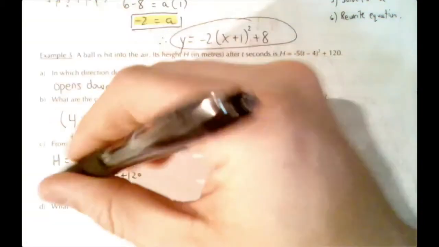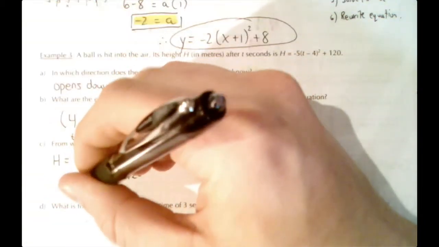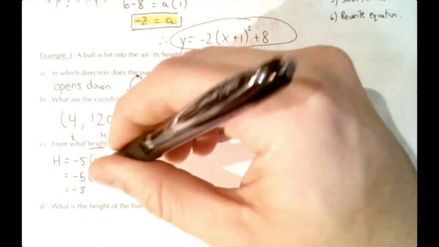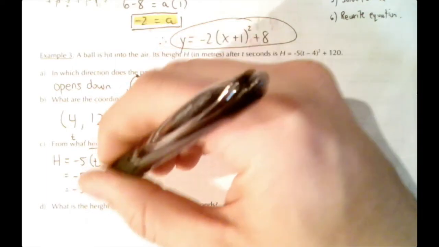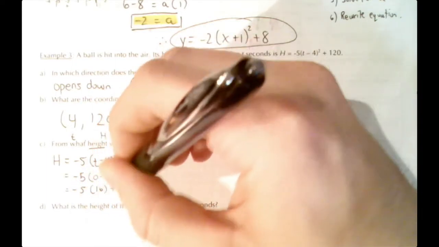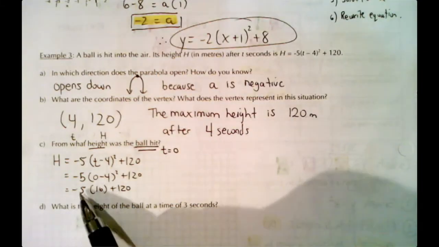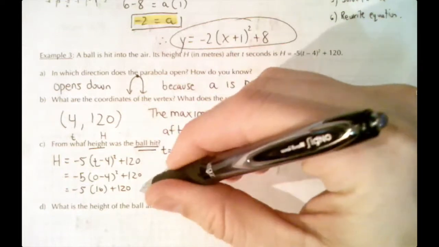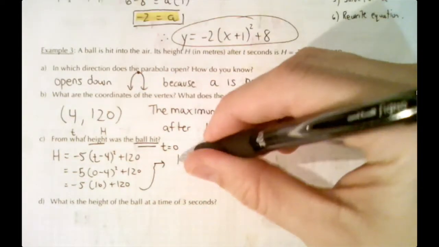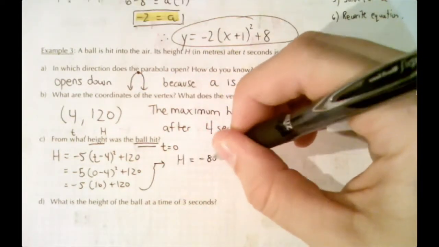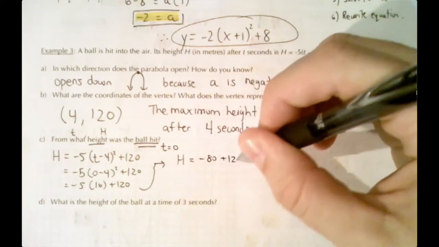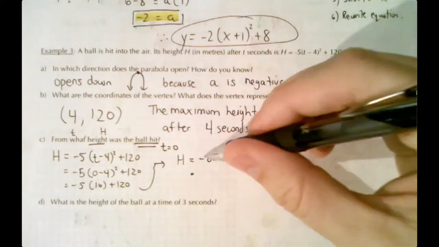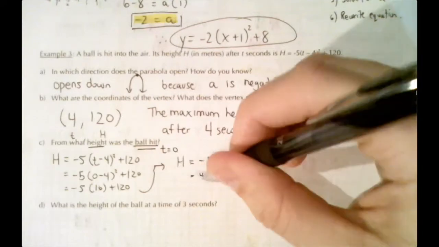If we're going to do BEDMAS, we've got 0 minus 4 is -4. -4 squared is 16. -5 times 16 is, I'm going to come over here, -80 plus 120. -80 plus 120 is 40.